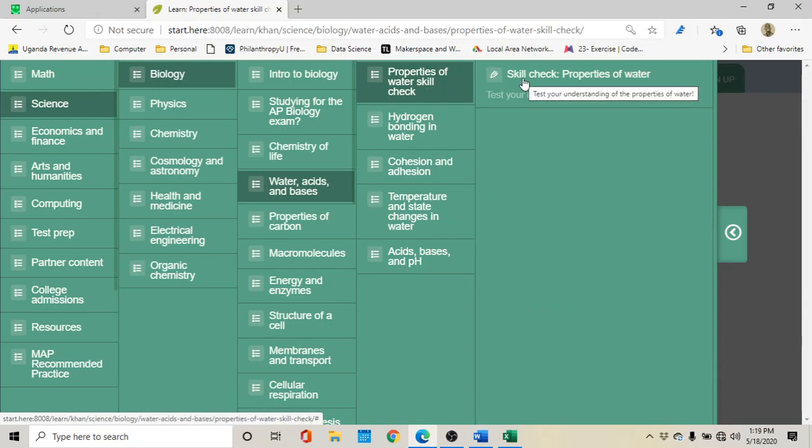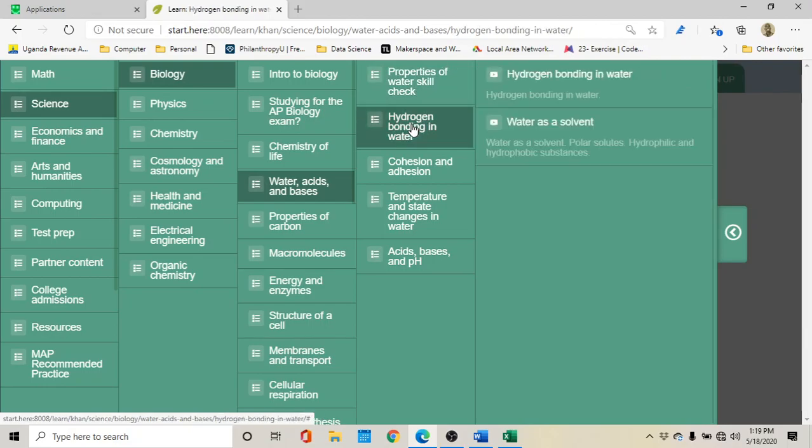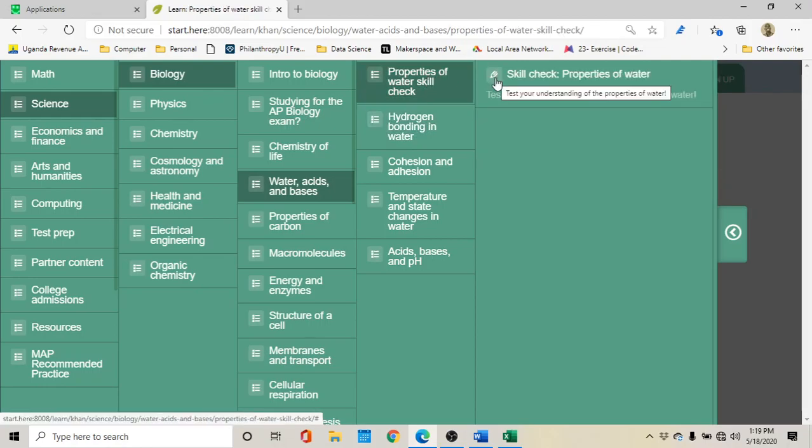Now, as you can see, there is this is test preparation, and this one has videos. So there are two things. If you see an icon that looks like a pen, it means it's for you to test your understanding of the subjects. So it will take you to the test page.